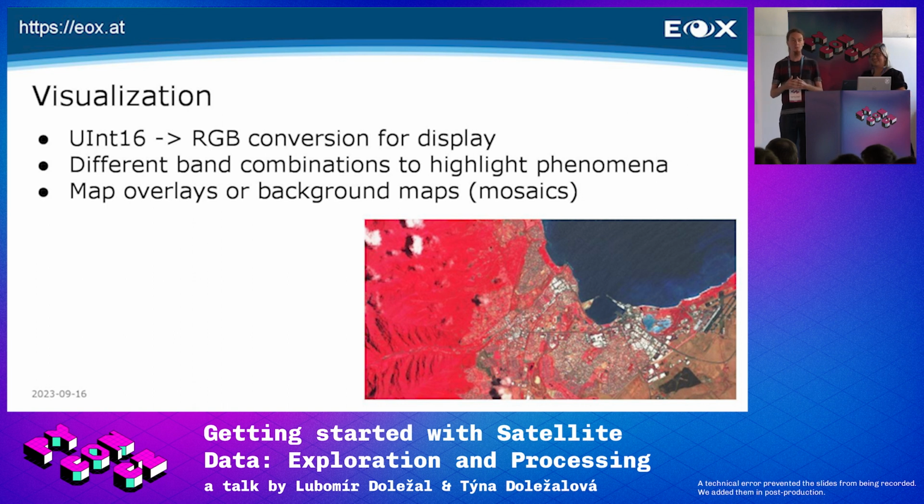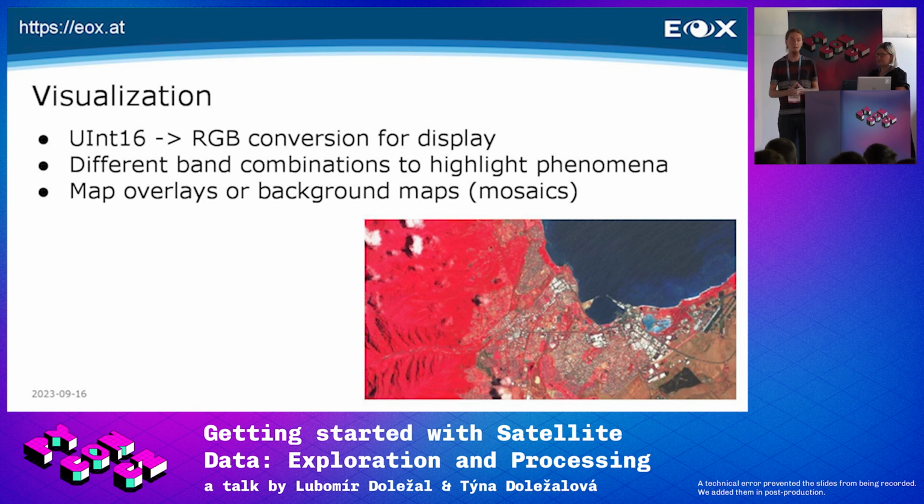I just want to point out that visualization of Earth observation data usually means just one thing: converting the original values, which are usually in unsigned integer 16 format, so value ranges of 0 to 10,000 or something like that depending on the satellite, to an RGB space, 0 to 255, 8-bit data that we visualize.